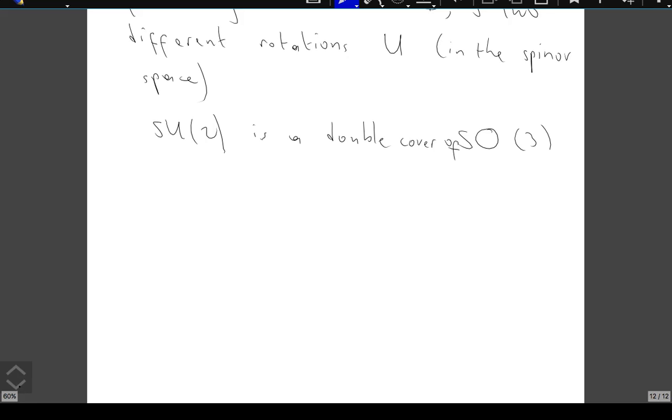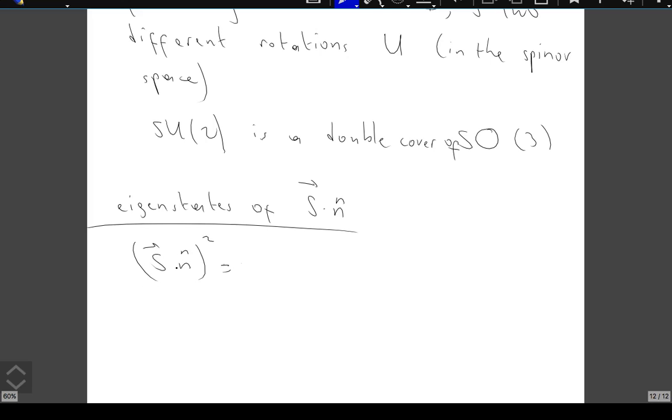Now there is also the problem of finding the eigenstates of S dot n. Basically, we already solved it in our first midterm. Let's just find the eigenstates of S dot n. For spin 1/2, (S dot n) squared is (h bar over 2) squared times (sigma dot n hat) squared.